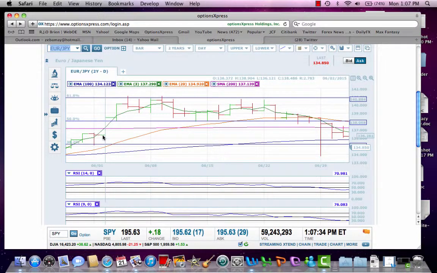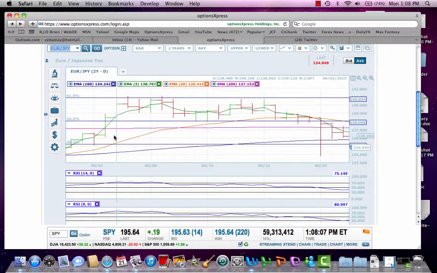And as we trend that much higher, we get into an overbought scenario. If you take a look at my RSI levels off to the right, you see how RSI 14 on this particular day is at 71 and RSI 9 is at 76. Then you start to really get into what I would call an overbought scenario, with RSI 14 at 75.